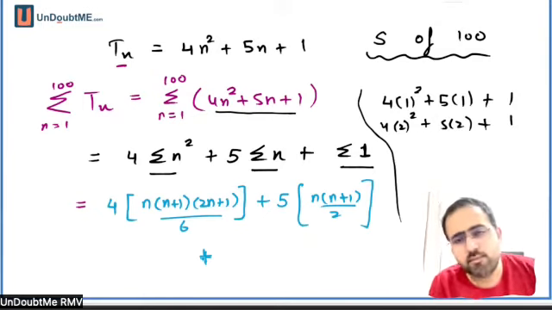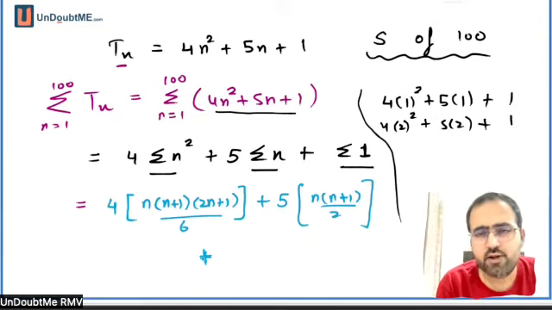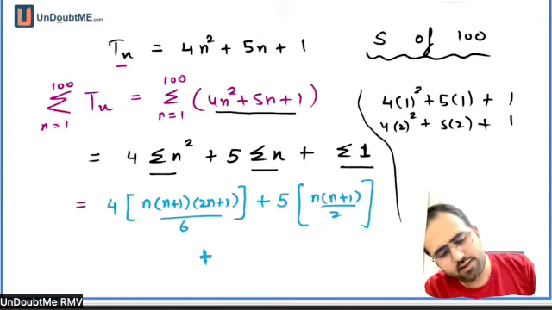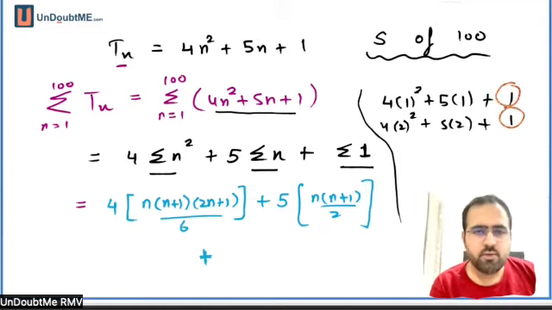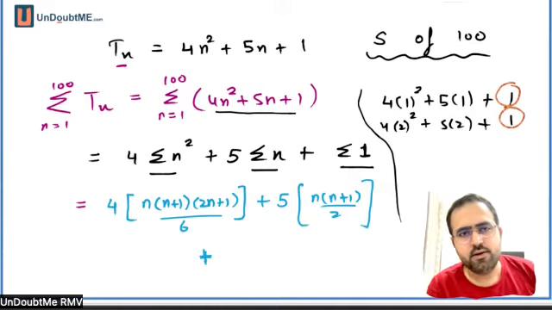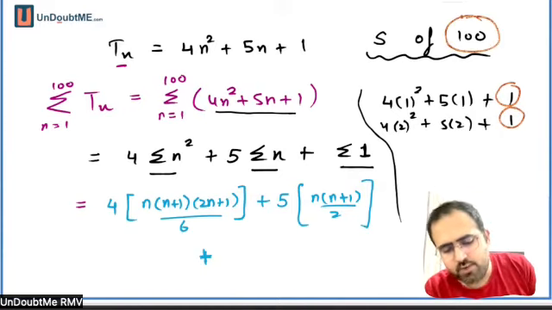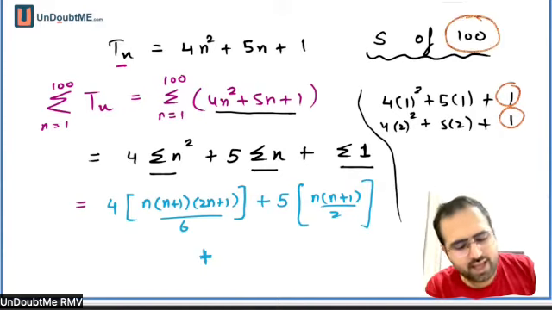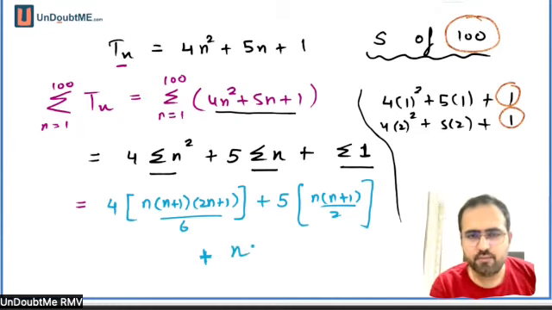When I say sigma 1, it means that for every term I'm adding this 1. Just look at this. So 1 plus 1 plus 1 plus 1, how many times will it be? 100 times. For this question, it will be 100. In general, it will be n. So I'll be writing sigma 1 as n for now.